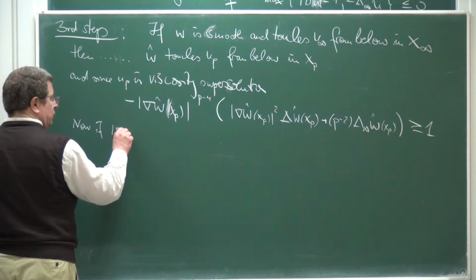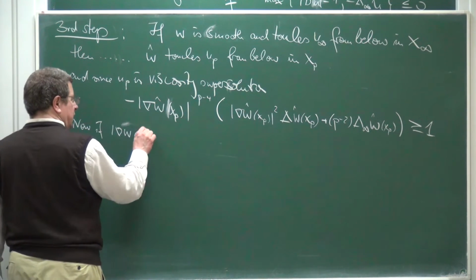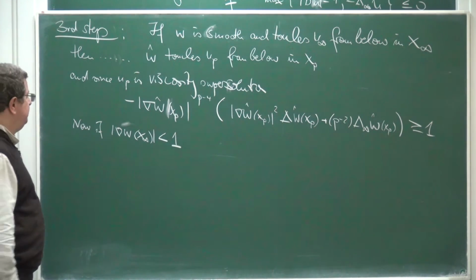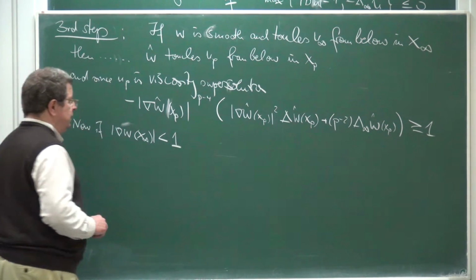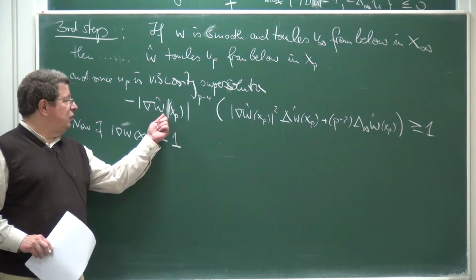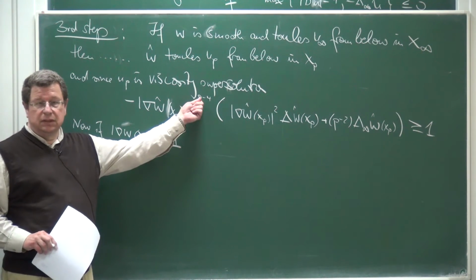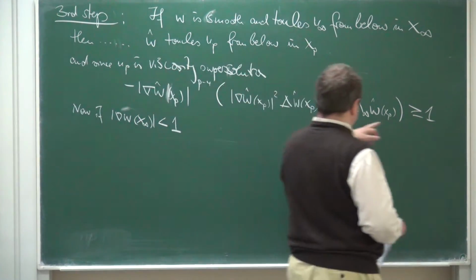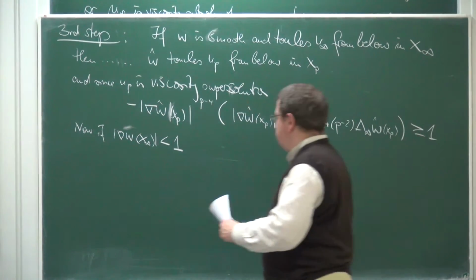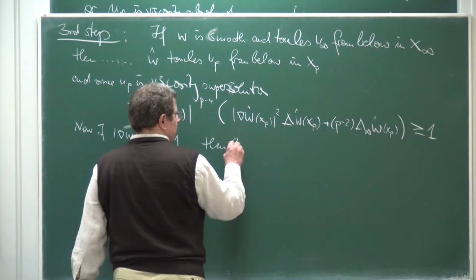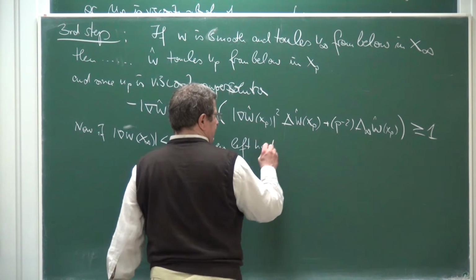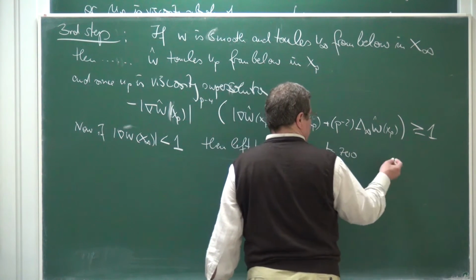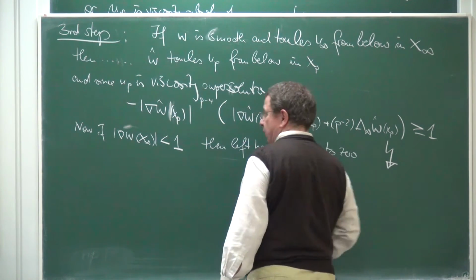Now, if the gradient of W in x infinity is strictly less than 1, then this term goes to 0. And then we have 0 greater or equal to 1. Then the left-hand side goes to 0. And that is a contradiction. So this cannot happen.